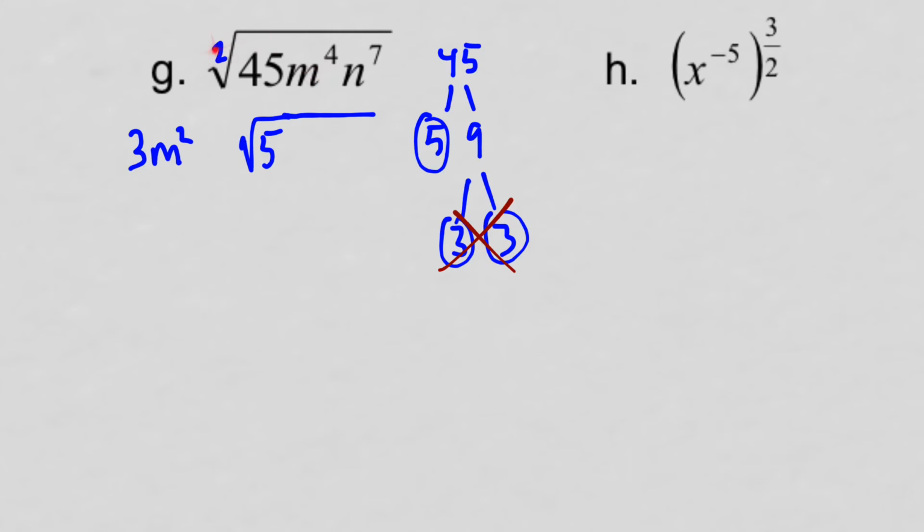The remainder is 0, so there is no m left inside the radical. 2 goes into 7 3 times, so it's n cubed that goes out. And the remainder is 1. 2 times 3 is 6. The remainder is 1, so it's just n. There you go. That is completely simplified.